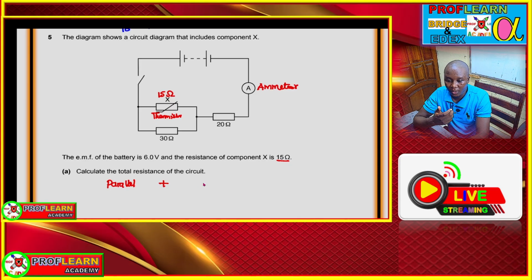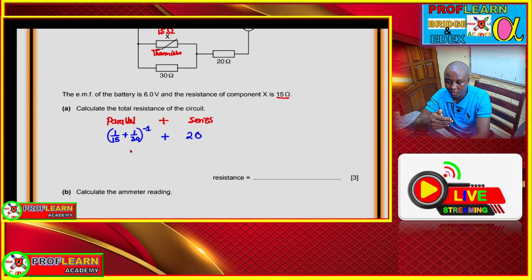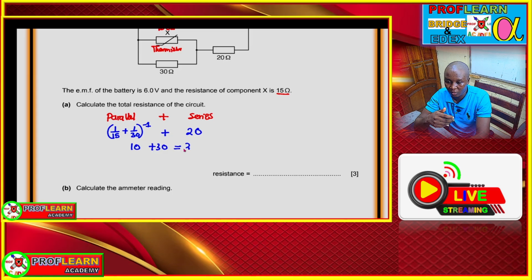So we are going to have the total combination for the parallel connection plus the series one. Here we are going to have 1 over 15 plus 1 over 30 raised to power negative 1, and that is going to give us around 10. Then we shall add plus 20 ohms there. So this is 10 plus 20, and this is going to give us 30 ohms. That's the total resistance in this particular circuit.